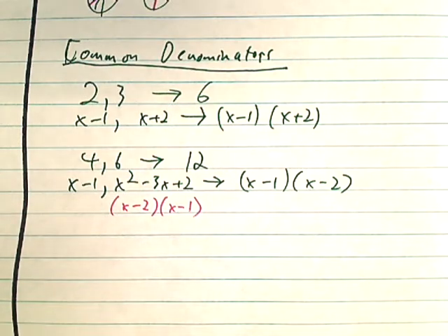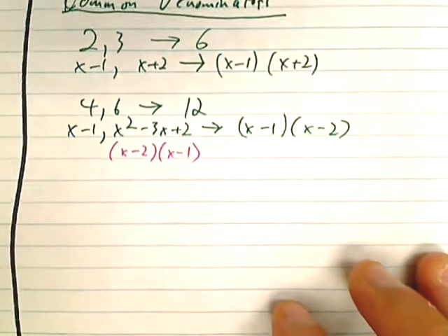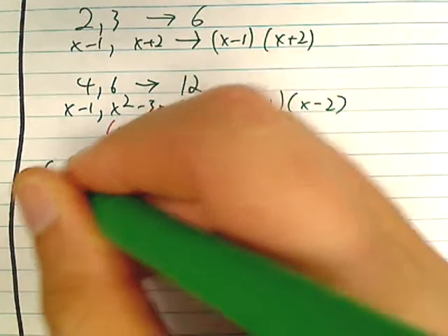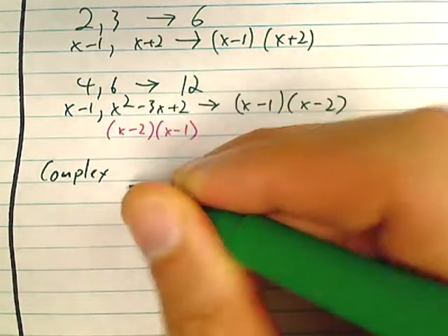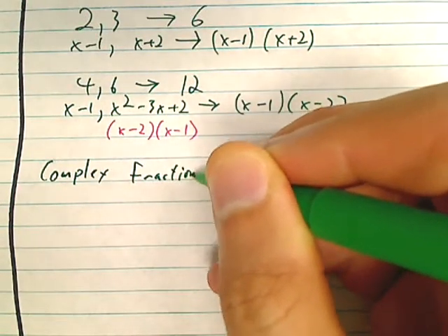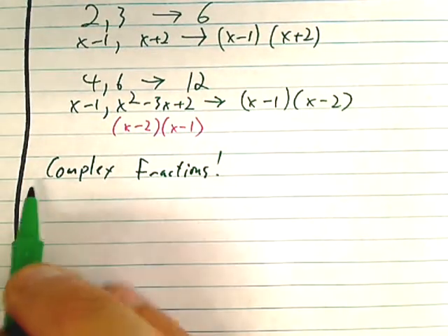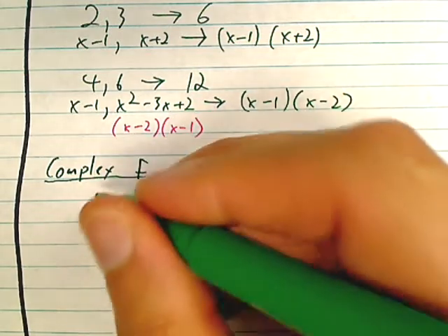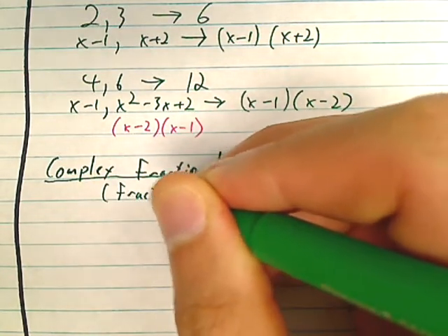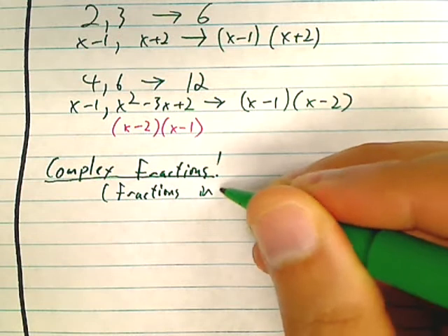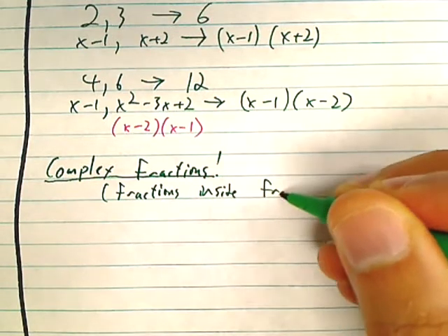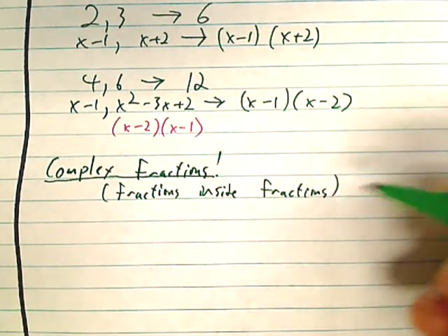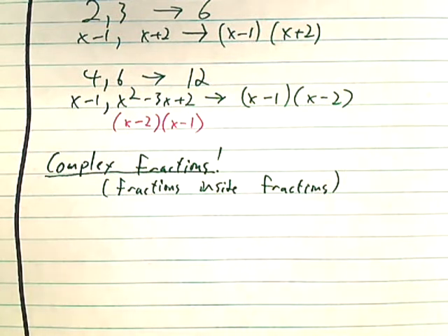All right, the next thing is if you have complex fractions. This will be the last thing, just a note here I'm going to share. Complex fractions. When you have complex fractions, or fractions inside fractions, well, what do? You multiply numerator and denominator by the common denominator.